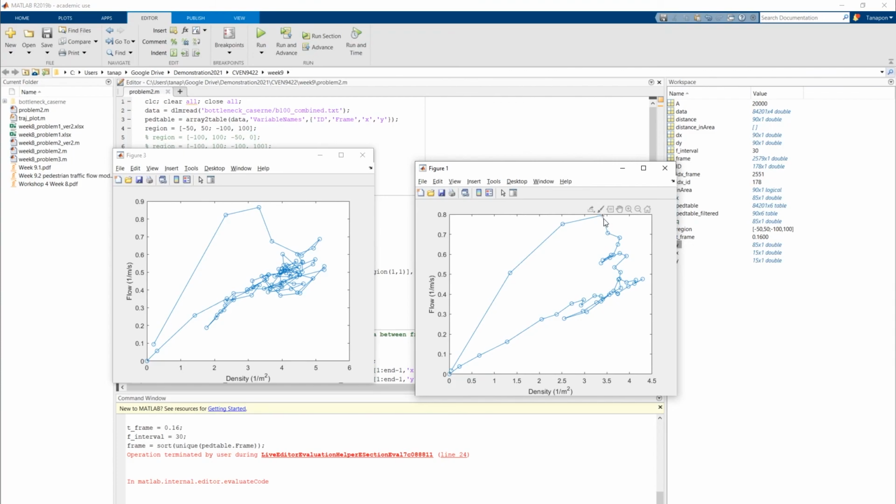Critical density for 200 meter wide is actually higher than the critical density for this, 3.3. About the same, huh?